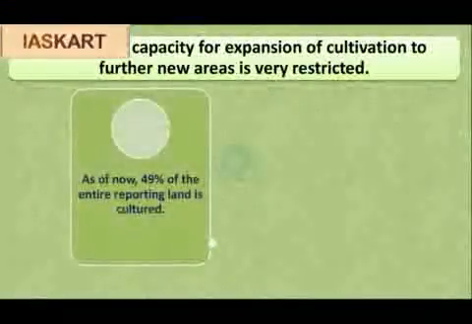In India, the capacity for expansion of cultivation to new areas is very restricted, as is obvious because of the increasing population pressure and the availability of land. As of now, 49% of the entire reporting land is cultivated.